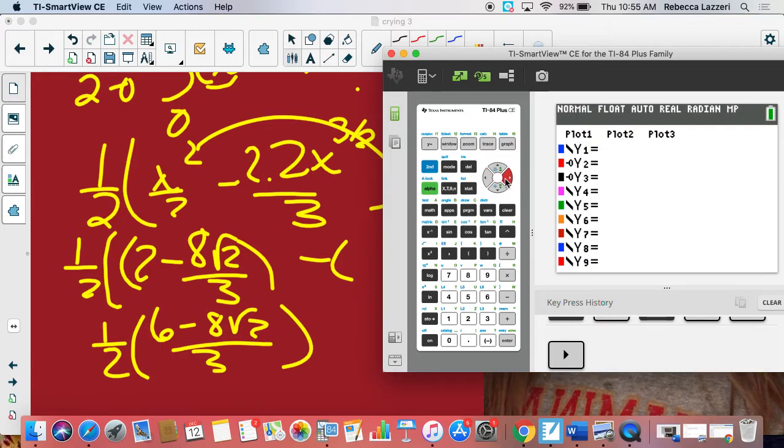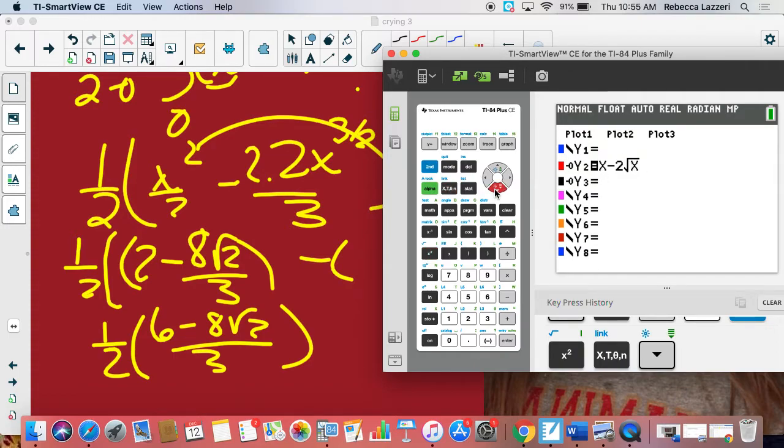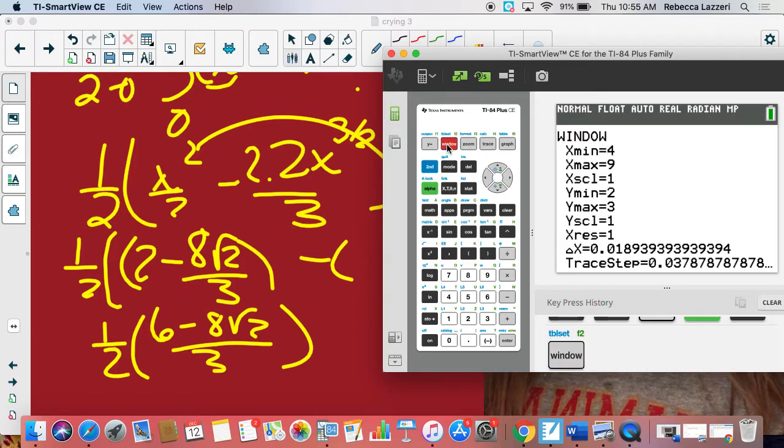You push X so often on your calculator, it's best to save it for other things. What was the equation? X minus 2 square root of X. And I want to know where it equals A. My window was 0 to 2.